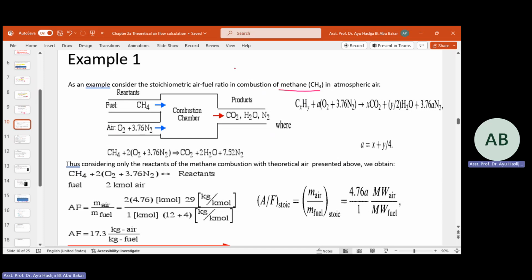Biasa kalau I akan letak this one in and out. Okay, usually this one we call the process flow. So this one is in: fuel and air. Combustion chamber. So we have the product. Complete combustion.